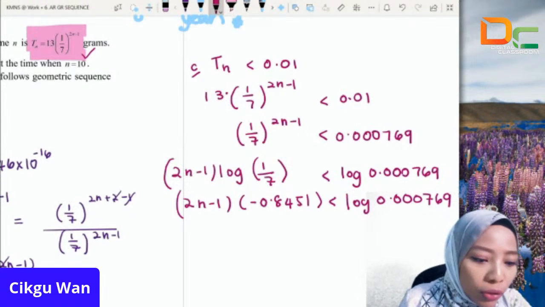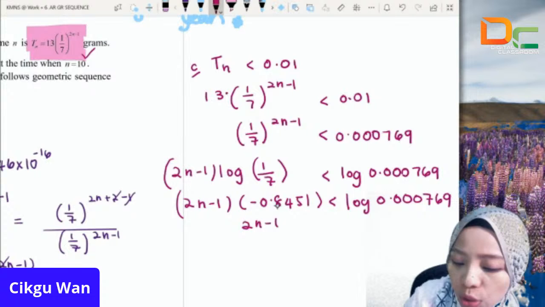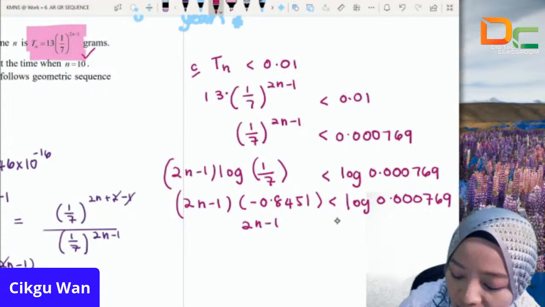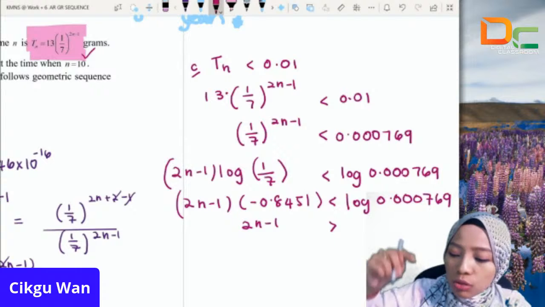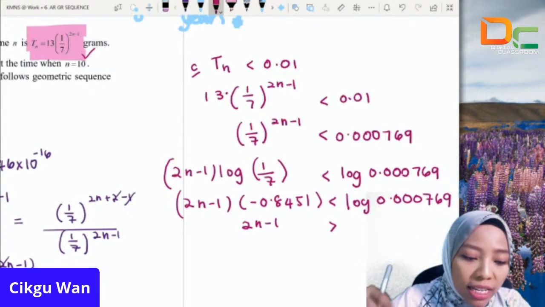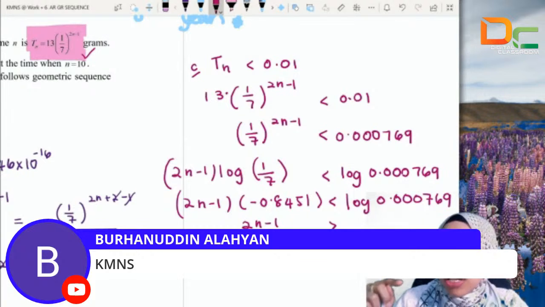Okay. Alright. So, 2n minus 1. Okay, so we are going to divide with negative number. Negative number, so change sign. Okay, tekan calculator sekarang. Log 0.000769 over negative 0.8451.